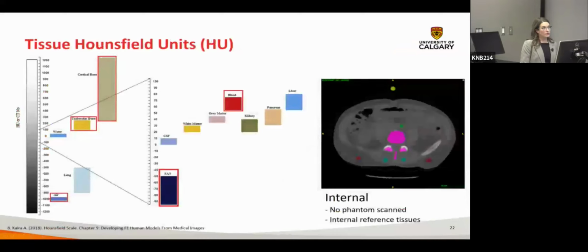In terms of tissue Hounsfield units and performing this type of calibration, with ROIs shown here in the various colors for the internal density calibration, air is usually around -1,000 Hounsfield units and is quite tight, and it's not affected by things like contrast or scan protocol, which is really nice. Trabecular bone has a slightly higher spread, but we use this in our calibration.